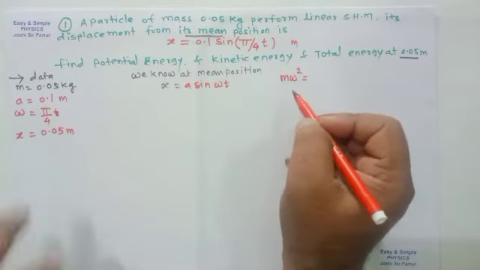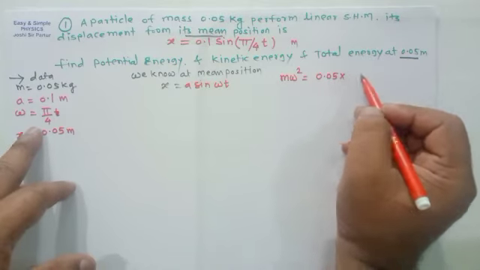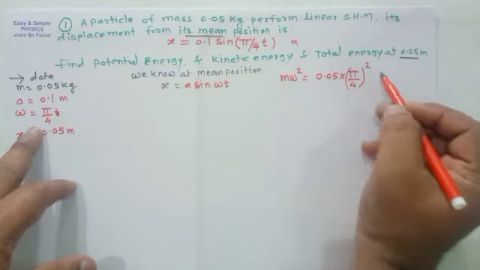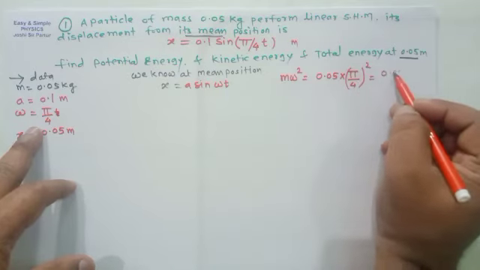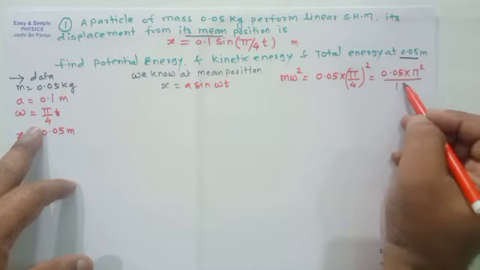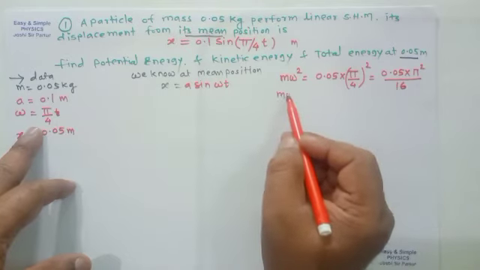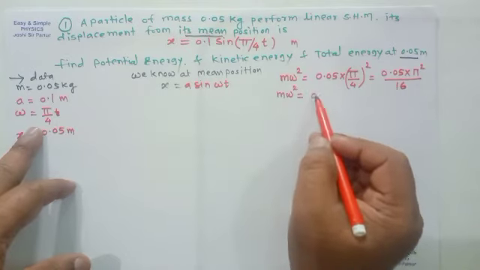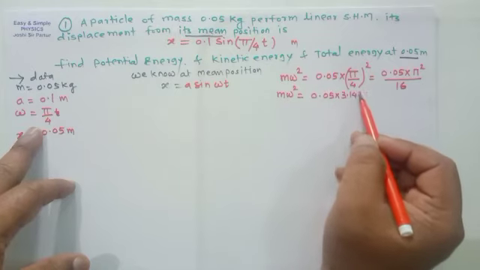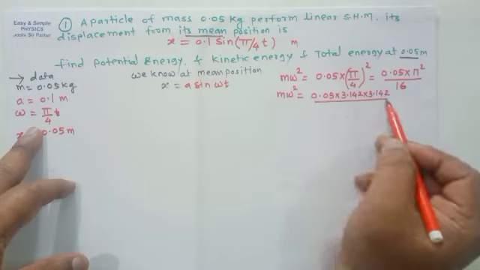So here m will be 0.05 into omega, pi upon 4 in bracket square, which will be written as 0.05 into pi square upon 4 square, which is 16. So m omega square will be 0.05 multiplied by 3.142 multiplied by 3.142 and divided by 16.